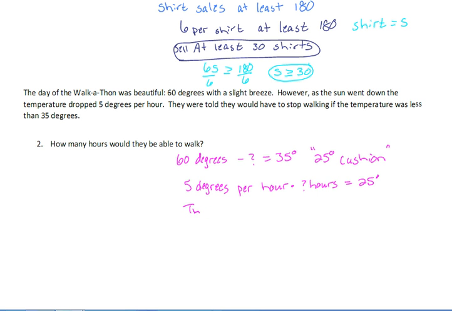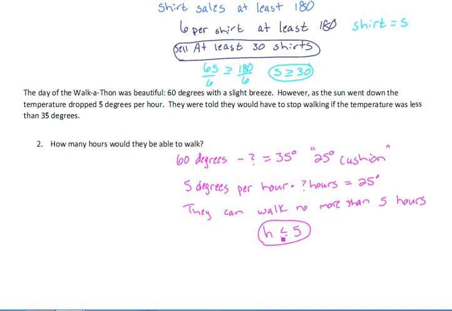So they can walk no more than 5 hours if it continues to drop 5 degrees per hour. So how do we write that algebraically? That is the walking, the hours have to be less than or equal to 5.